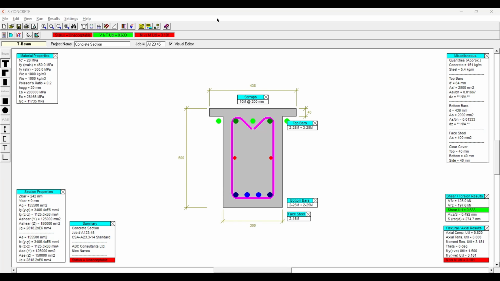A demand to capacity ratio close to 1.00 indicates an optimized design because the member strength closely matches the applied demand without excessive reserve capacity. If the D over C ratio is much lower than 1.00, the beam is considered conservative or over-designed.